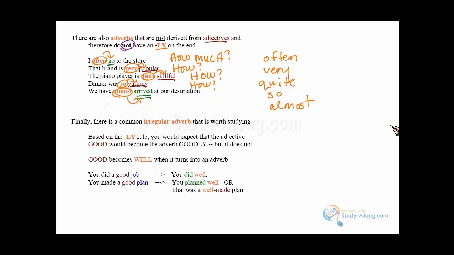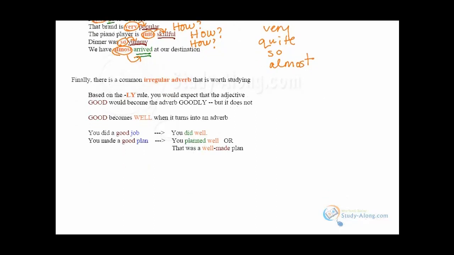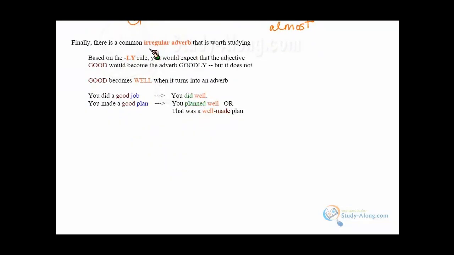All right, the last more complicated adverb is a very common irregular adverb. Even this one is complicated because it's not an ly, but it's pretty common. So I have a feeling you're going to be pretty familiar with it and how to use it correctly. This irregular adverb comes from the adjective good.